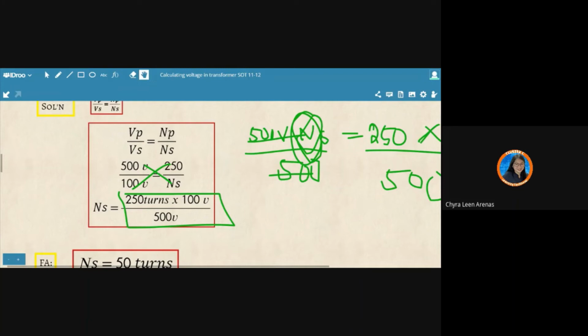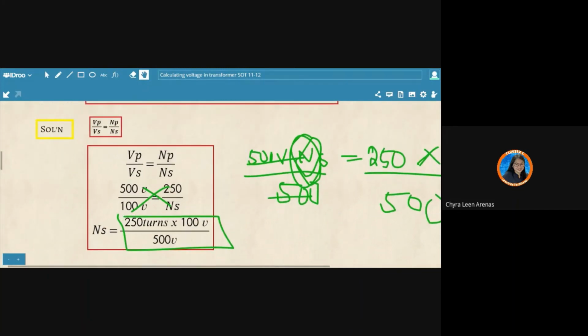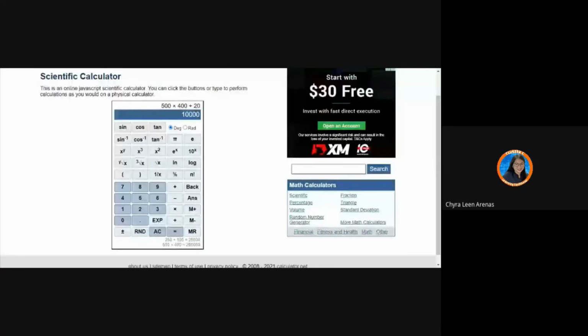Okay, so let's check that in the calculator, even though the answer is already shown in our slides. Let's double check. So, 250 multiplied by 100, divided by 500.